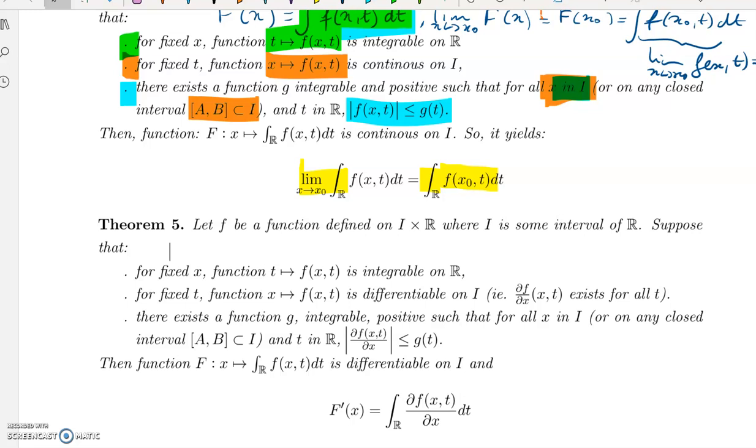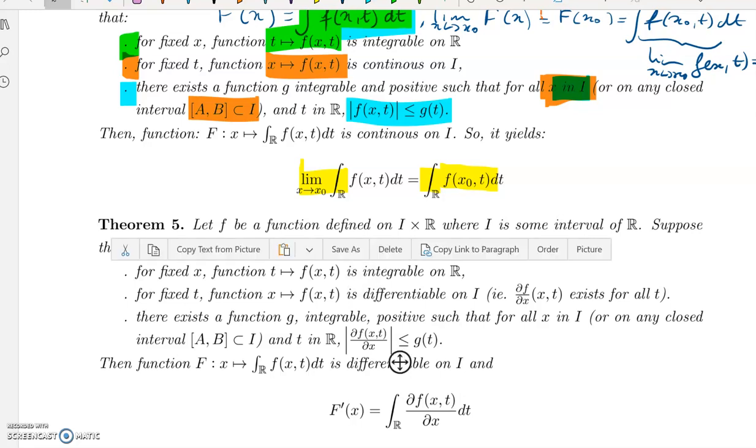Okay, so just to complete our study, we should see that we have a very similar theorem for differentiability. For differentiability, we indeed can extend the conditions.